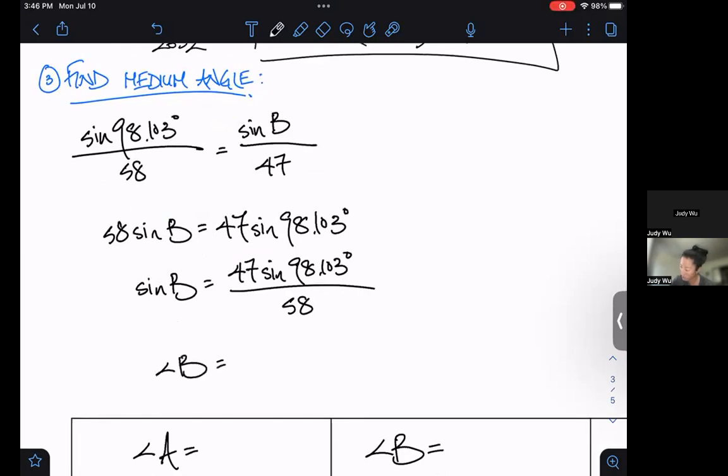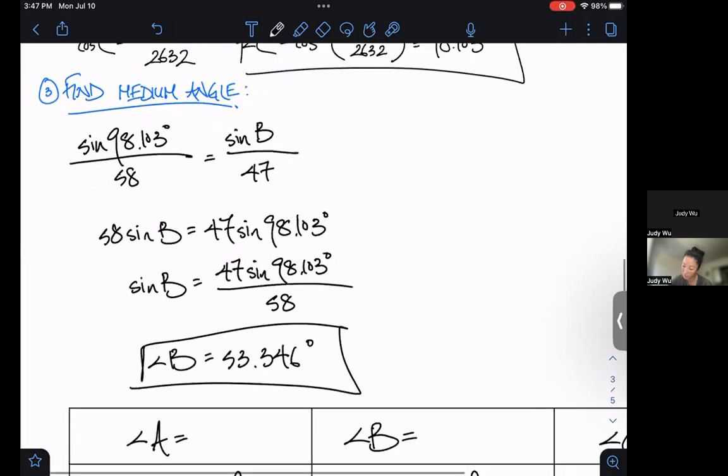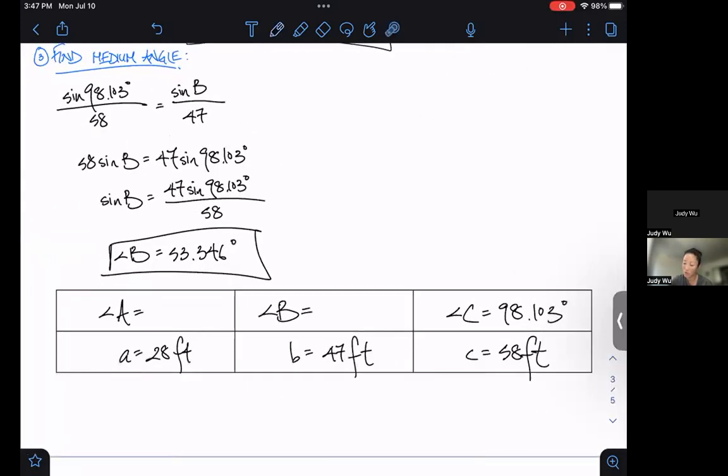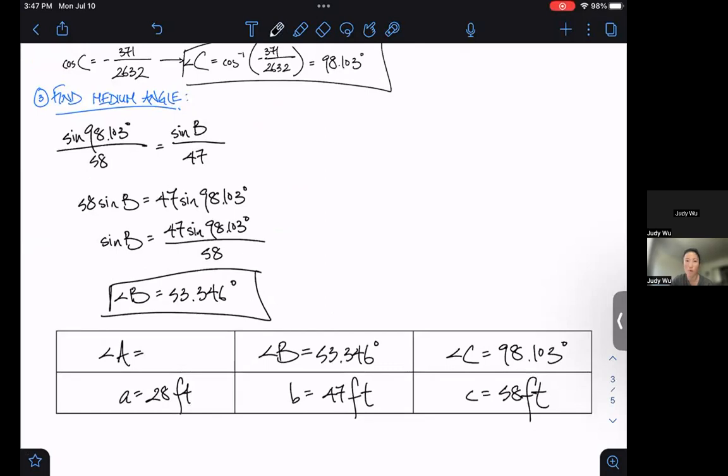So angle B equals inverse sine of 47 sine 98.103 divided by 58, and we get 53.346 degrees. Again, I really want you to show me all of this before you type things in. I think that's going to help with your MyOpenMath to make sure you get the right decimal places, but it also shows me that we're able to keep exact values for as long as possible.